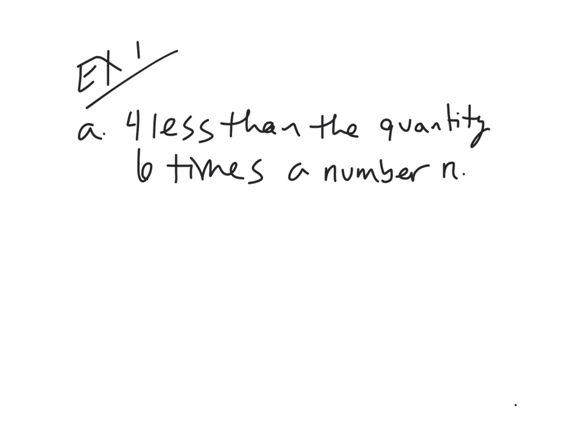How would I write this? 4 less than the quantity 6 times the number. So there's two types of math going on here, right? Multiplication and subtraction. So it's 4 less than, so that means it's going to be minus 4 at the end of it. So it's going to be 6n minus 4. Right. Because the 4 less than means it's after the 6n. Good.